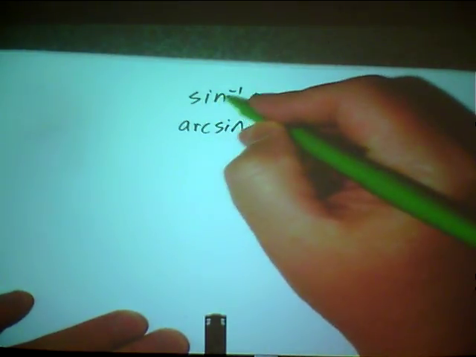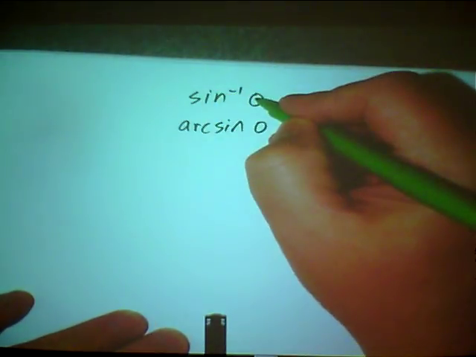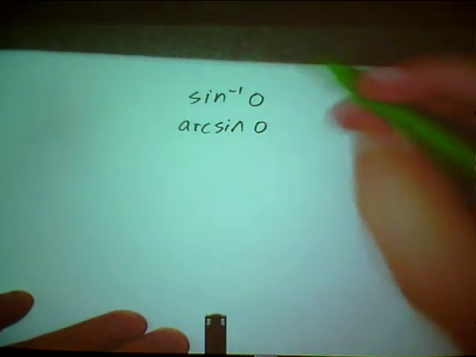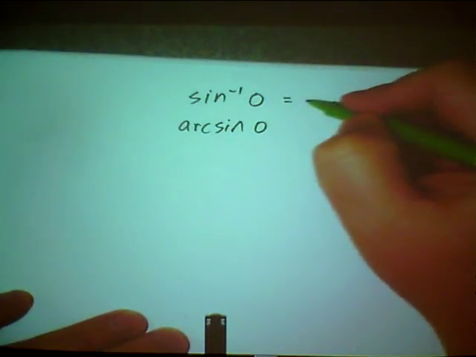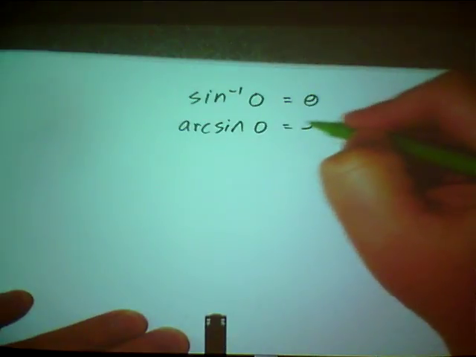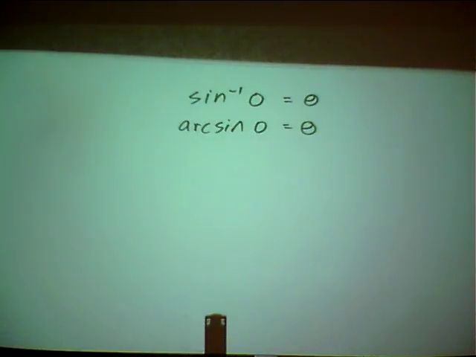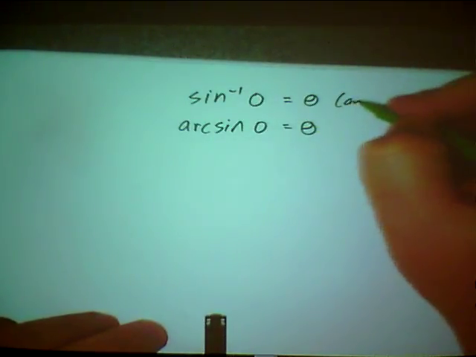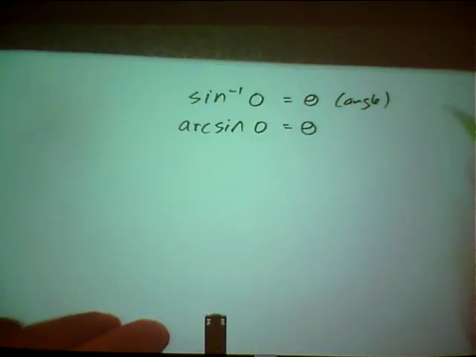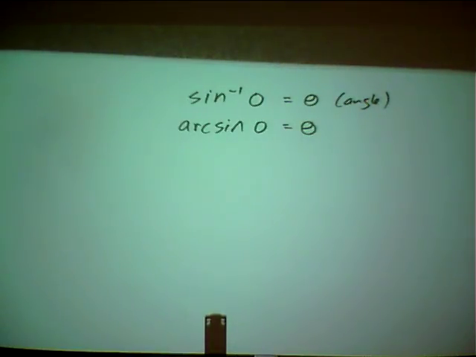So the inverse sine of 0 and the arc sine are the same thing. And actually, the answer to both of these is simply going to be an angle. That's why I put theta here, because theta is what we normally use to indicate an angle.